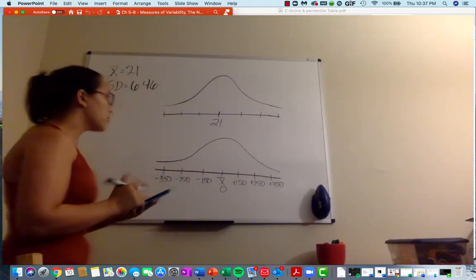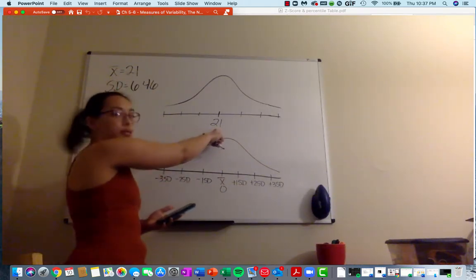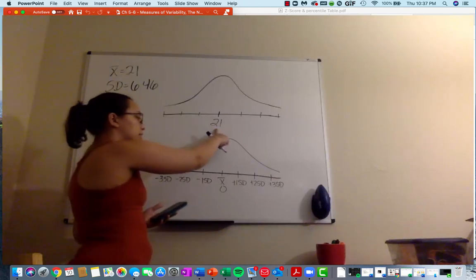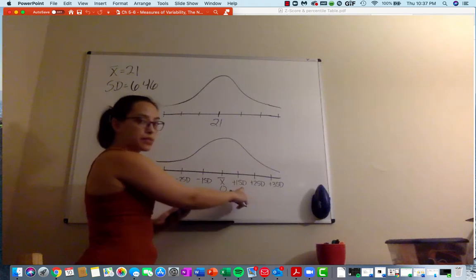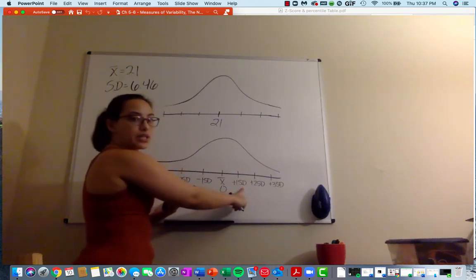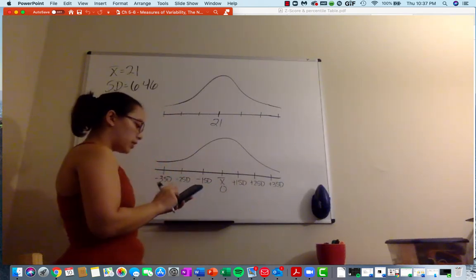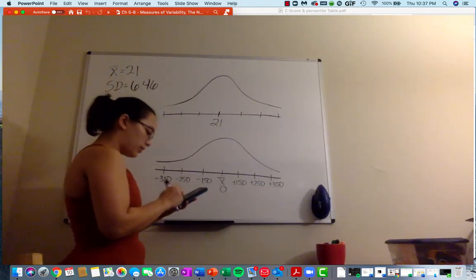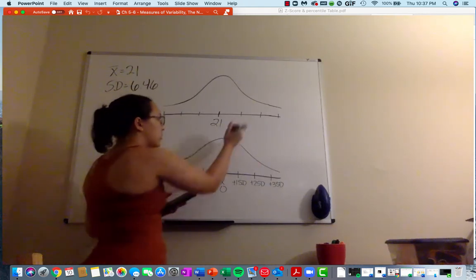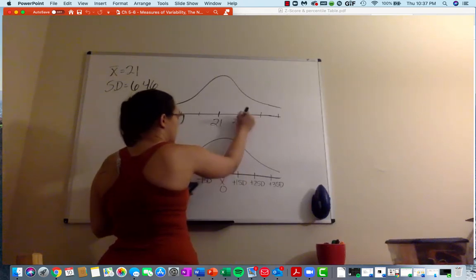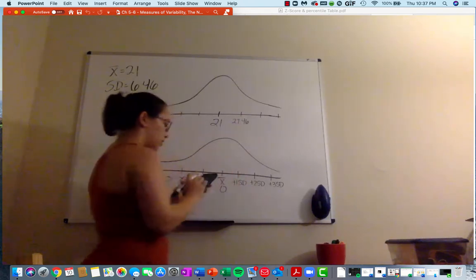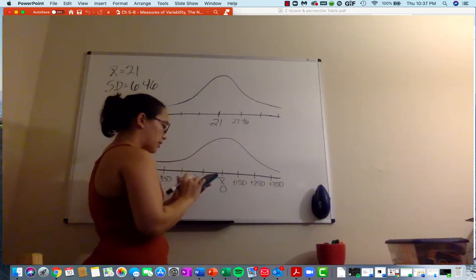So if we know our mean is 21, that's our starting point in the middle, right? If we're doing +1 standard deviations, you can think of it as 1 times whatever the standard deviation is. So basically we're just doing 21 plus 6.46, right? And then we can start filling in, this is 27.46 plus 6.46, right?